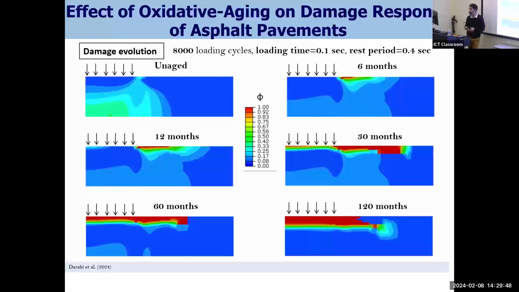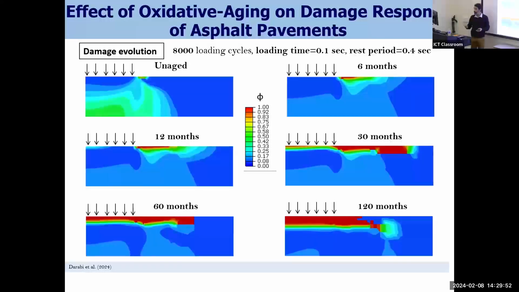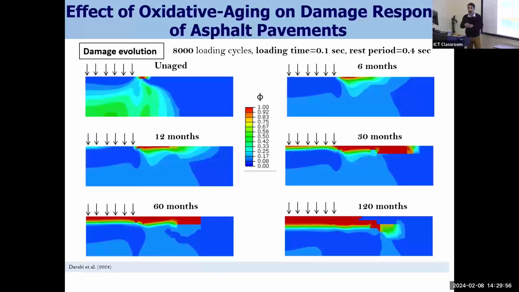And what we saw is that with the number of loading applications, the damage migrated more to the surface. Here you have higher values, but then here you see that the surface is gone, and this is the damage density. 1 means that the material is gone, 0 means that it is not damaged at all.